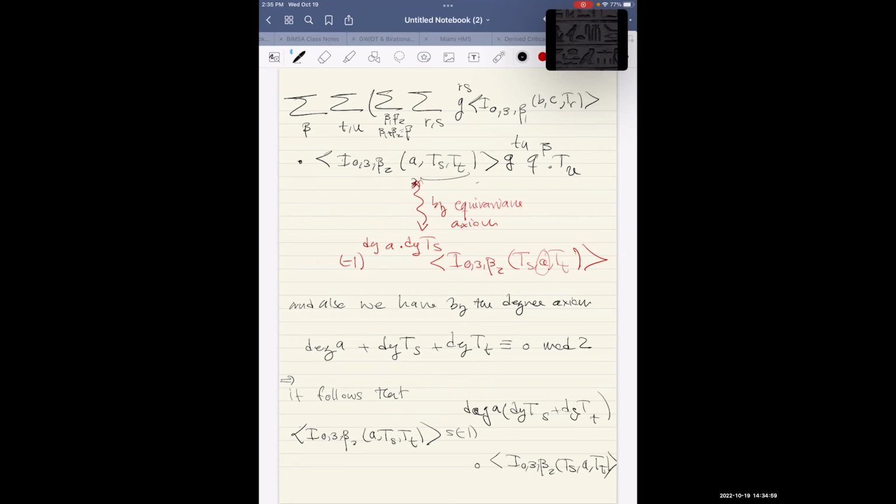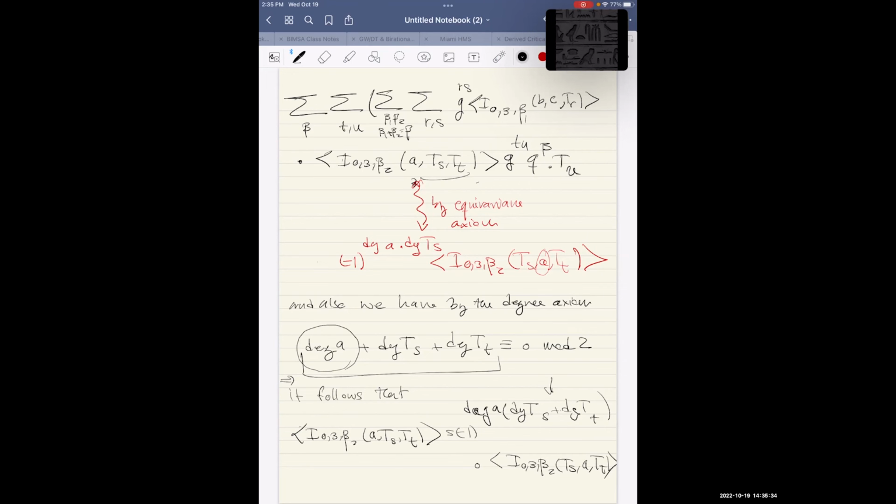Because this sum is going to be even, it's 0 mod 2 in that quotient ring. Basically, instead of degree of TS, I can just put degree of TS plus A times degree of T, because of the congruence.